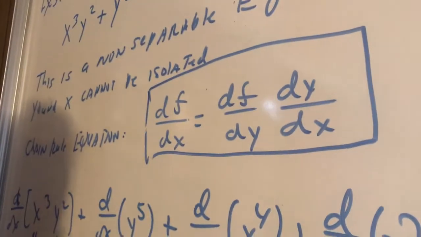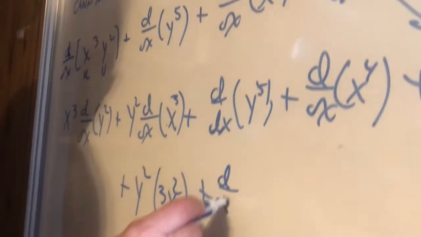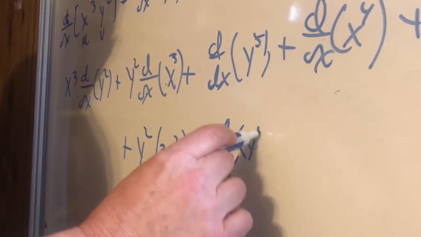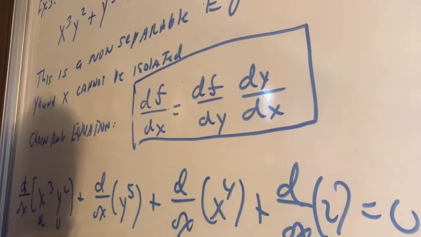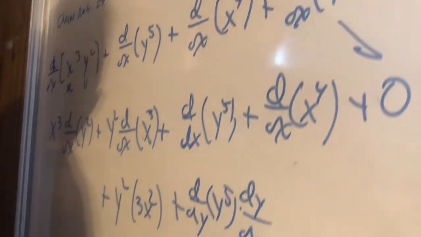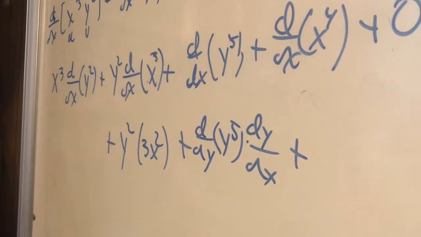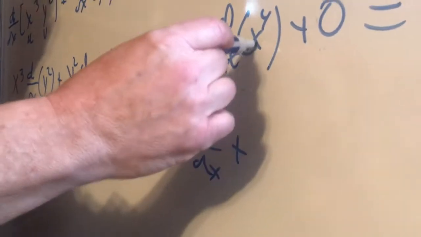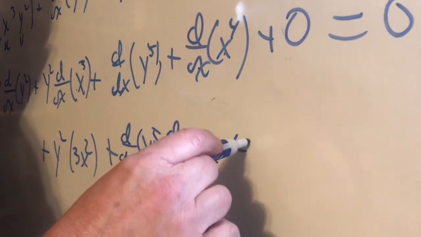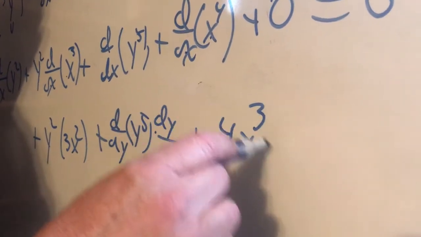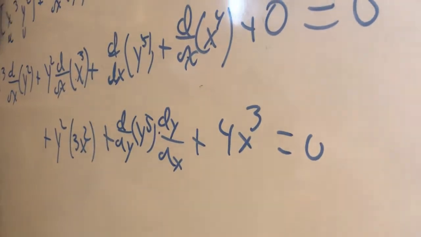I'm going to take the derivative of the y with respect to y, and then tack on the little chain. And this d/dx of x⁴ is simply 4x³ equals 0.